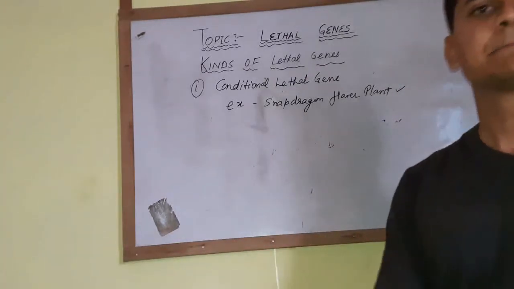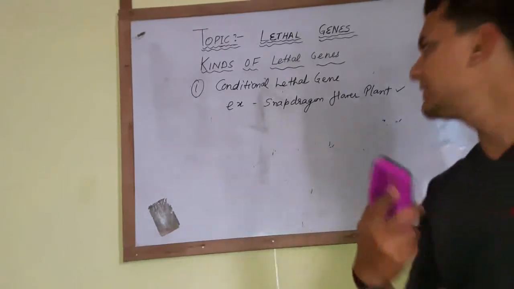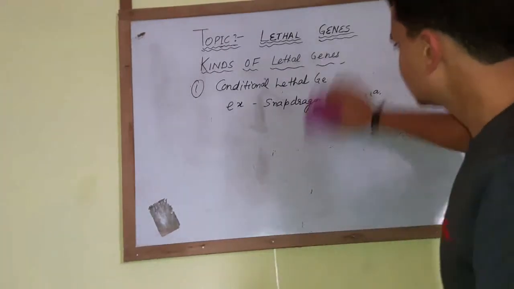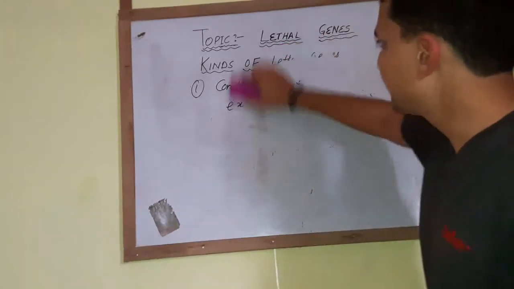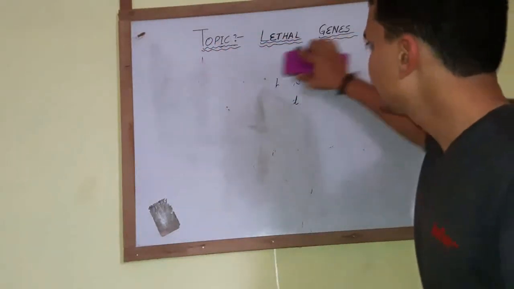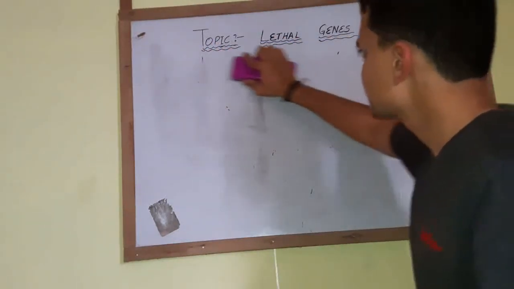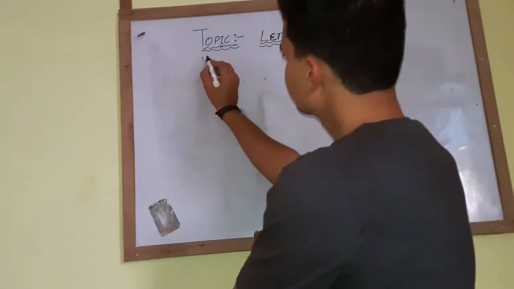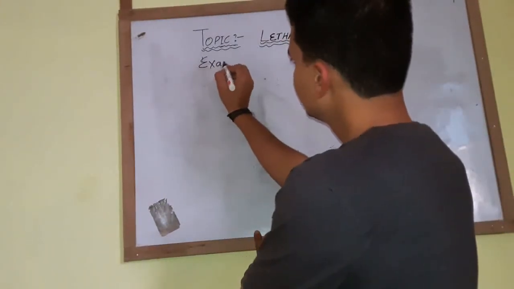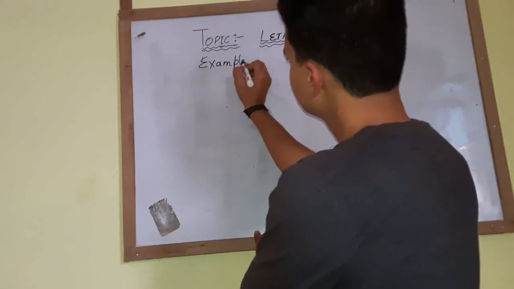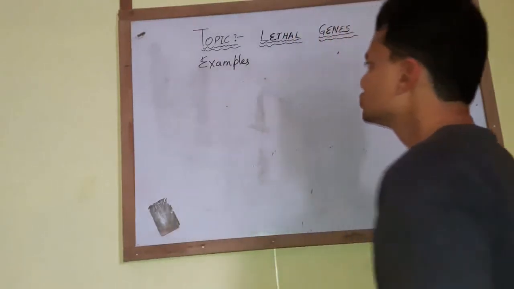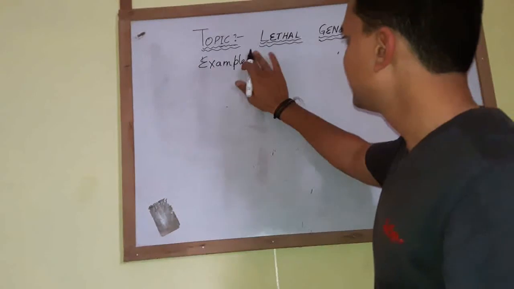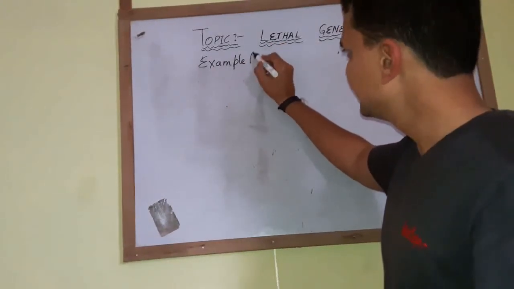So these types of genes are called conditional. Now let's talk about certain examples, right?